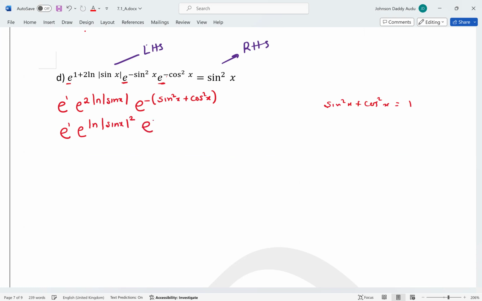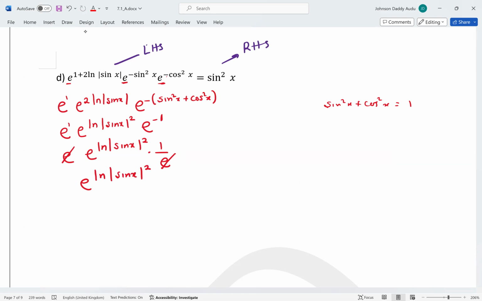And this will become e to power minus 1. And this is e to power 2 ln of sine x. e to power 1 minus 1 is something as 1 over e. So this 1 over e will go with this, so we'll have e to power ln of sine x, all squared.